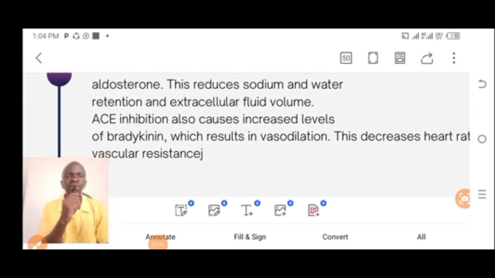Then angiotensin converting enzyme inhibition also causes increased levels of bradykinin, which results in vasodilation. Bradykinin is one of the inflammatory mediators that usually lead to vasodilation.